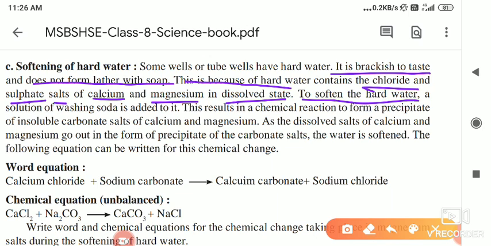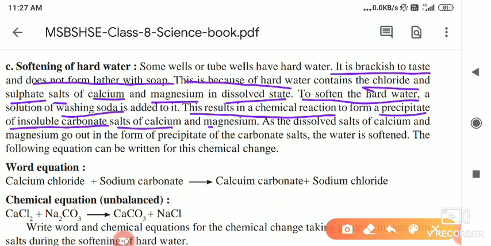To soften this hard water, a solution of washing soda, that is washing powder, like Ariel, Rin, these types of washing powders available in the market, we use to soften this water. This results in a chemical reaction to form a precipitate of insoluble carbonate, whitish colored particles, but foam is not forming on it.